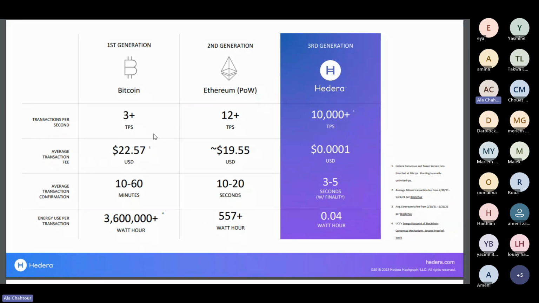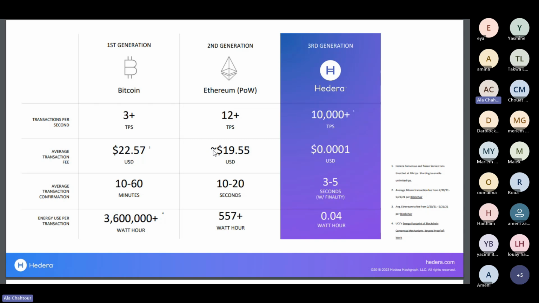The fees on Bitcoin are really high, around $22.57. Ethereum is around $20, but if the congestion on the network becomes very high, meaning a lot of users use the network at the same time, the transaction fee can be much higher.